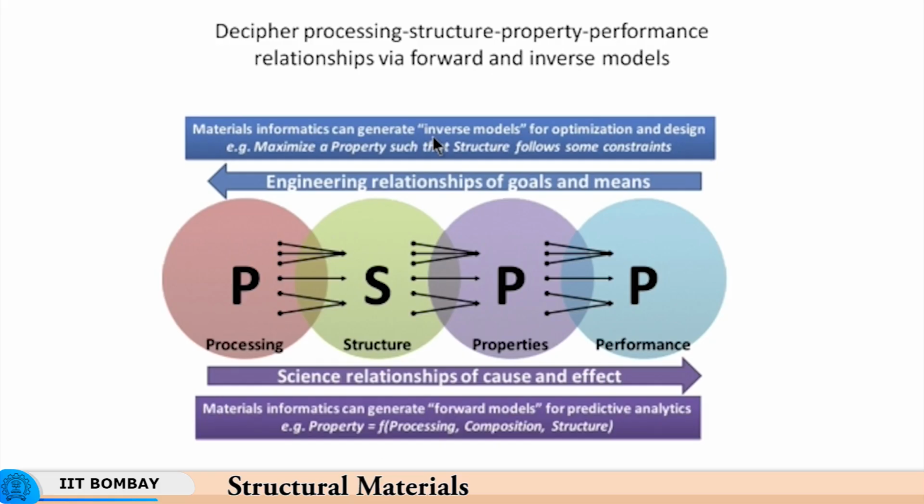So, if I take a microstructure, then I can correlate the features of the microstructure with the performance directly through a neural network or some intelligent means, or basically through some machine learning models. Similarly, if I have a chemical composition of the material, because chemical composition is important for me to get a fine grain structure, right. It is not just the processing conditions, but the chemical composition and the processing conditions which will determine the microstructure for me.